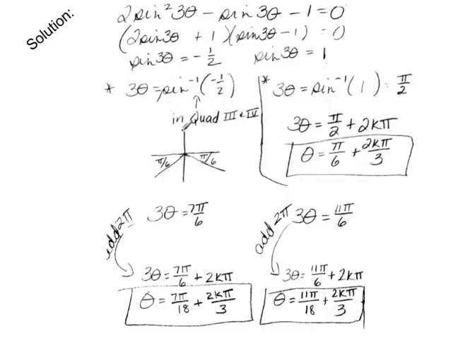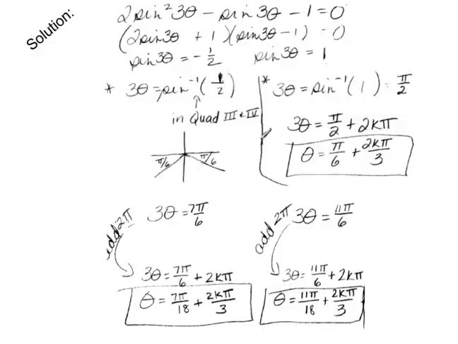So I know that my reference angle is going to be, what is my reference angle going to be? Pi over 6. And I really should have this here. Let's change this a little bit. It's 1/2.